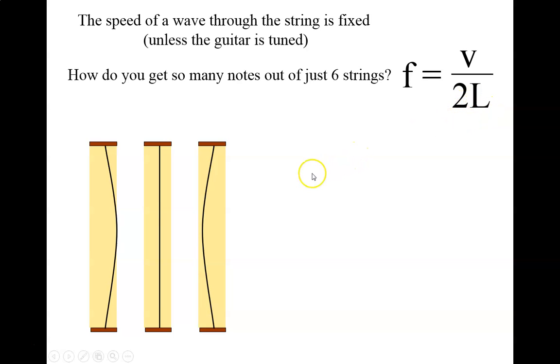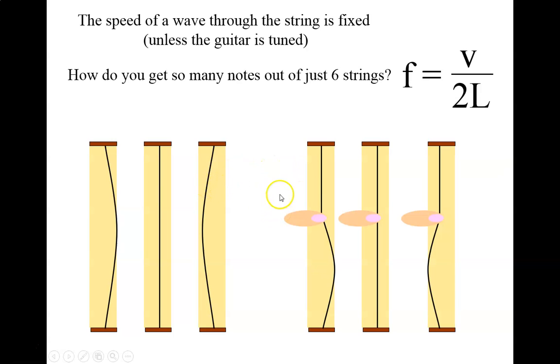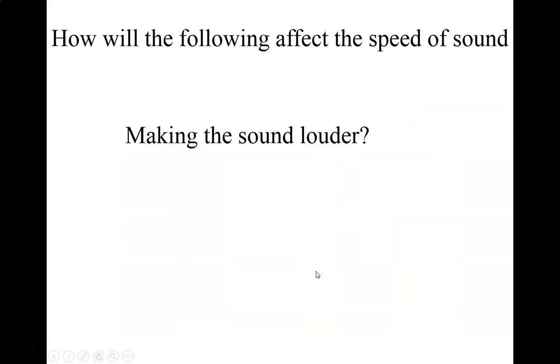And how do you do that on a guitar? How do you change the length of that string? Put your finger down. So that wave effectively becomes shorter, and as I decrease the length, I'm going to increase the frequency. So the closer I bring my finger down to the other end, the higher frequency I'm going to get.